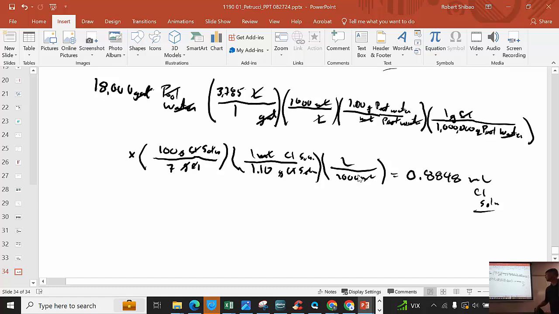When we express our answer, we have to make sure we put the units here, liters of the chlorine solution. And then we have to round this to the correct number of sig figs. So how many sig figs should I round this to? How many sig figs am I allowed if I call 7 just 1 sig fig? I'm only allowed 1 sig fig, so I'm going to round this.